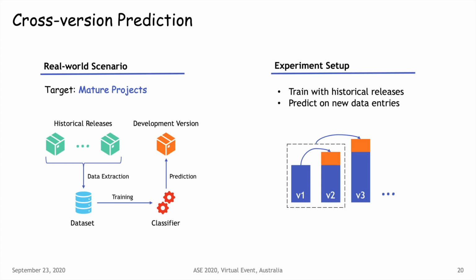To simulate this scenario, we performed cross-version prediction on each project. As illustrated on the right-hand side, we use the first version for training, and then predict the newly appeared data entries, the orange part, in the second version. And then we use the first two for training, predict on the third one, and so on and so forth. This is an incremental process.